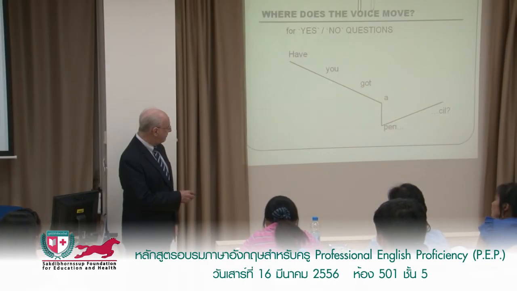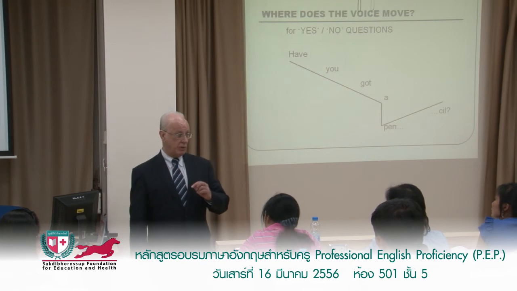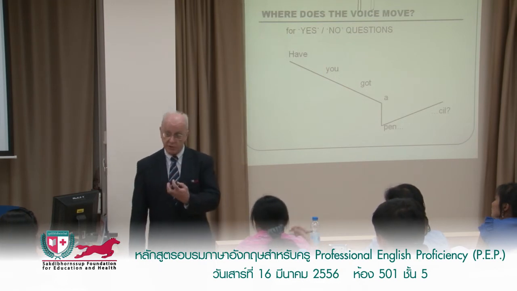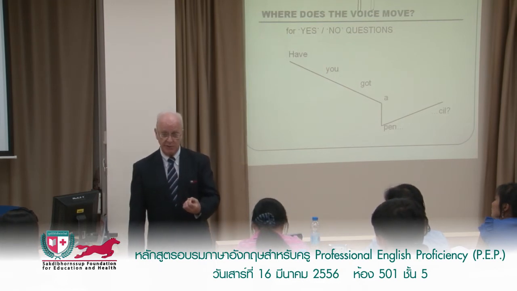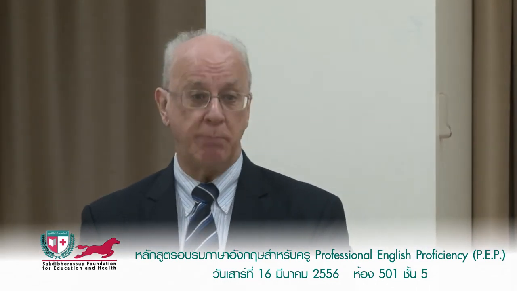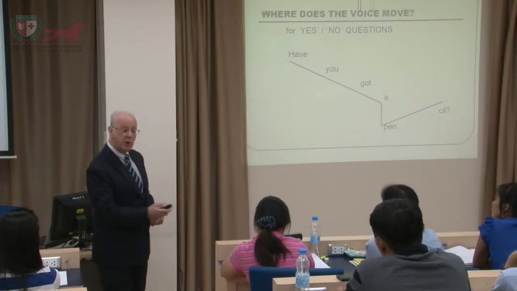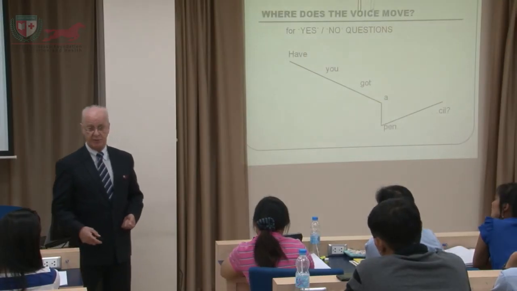Now, why does the voice fall there? Pencil is the key word. That's what I want. That's the important word in the question. We know that pencil is pom-pom. It's not pencil, it's pencil. So, the voice falls on the strong sound. Pencil.